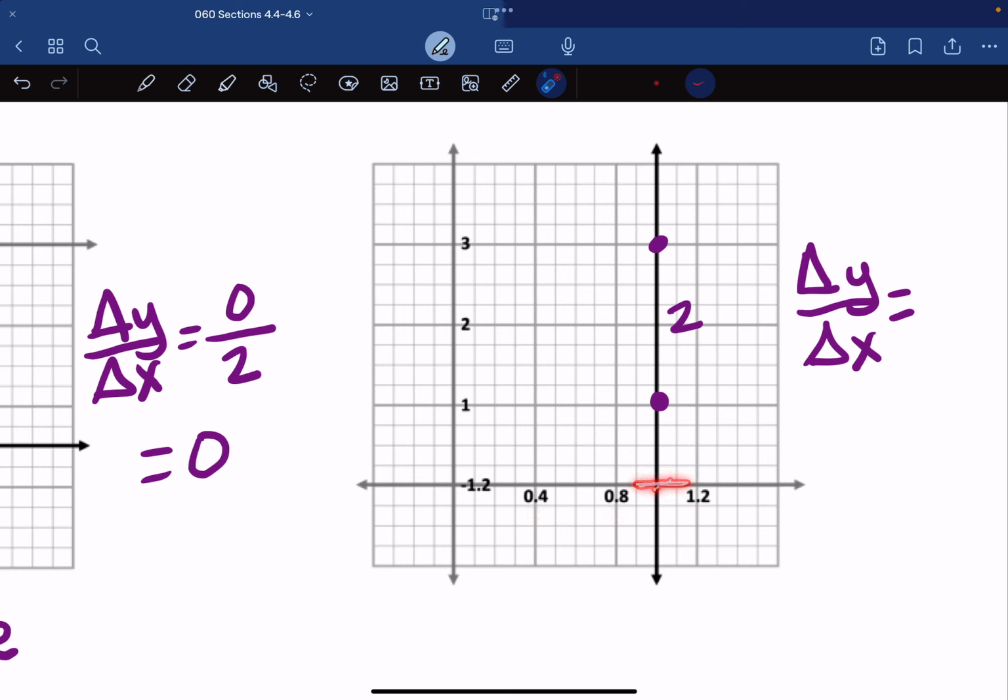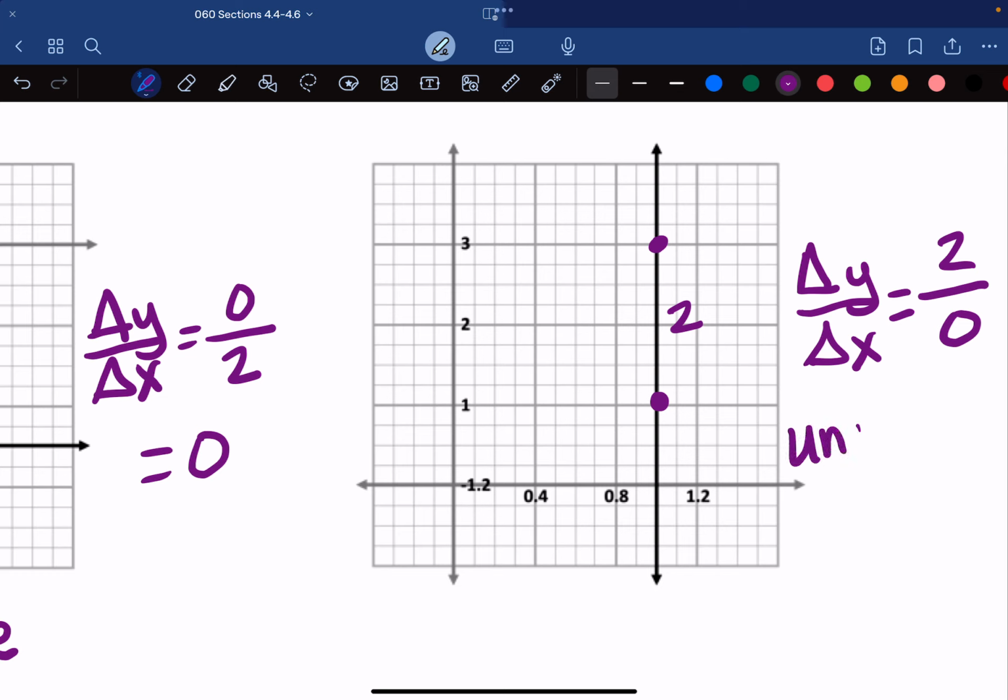But we're not moving left or right from this point to this point. It's still on the same x value. So the x doesn't change. It stays at 0. Now, we can't actually divide a number by 0. Any number divided by 0 is undefined.